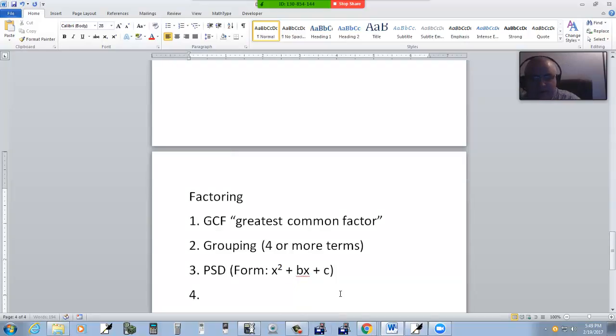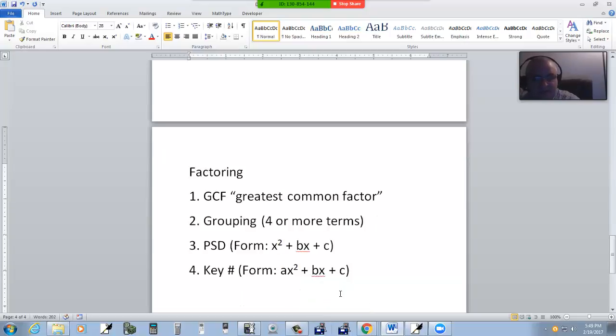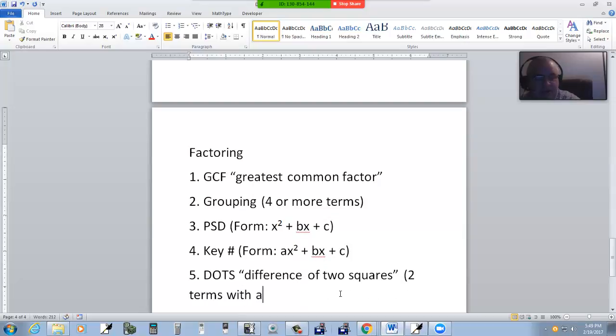Our fourth method is key number. And that's when you got the form ax squared plus bx plus c. Our fifth method is DOTS. That stands for difference of 2 squares. And that's when you got 2 terms with a minus between them.